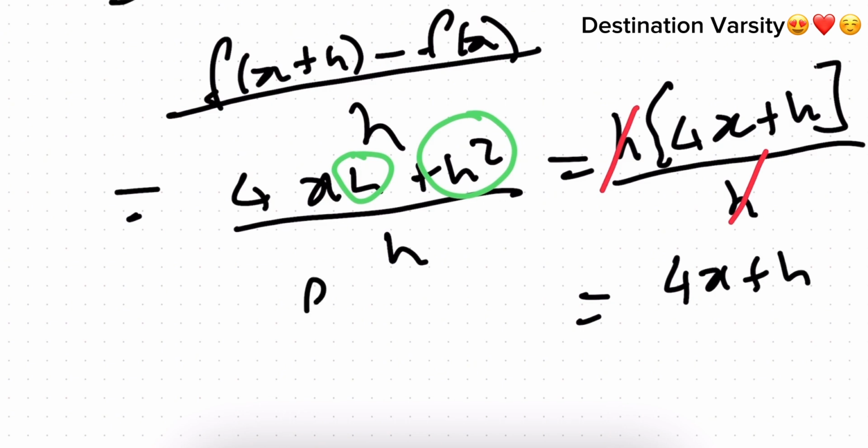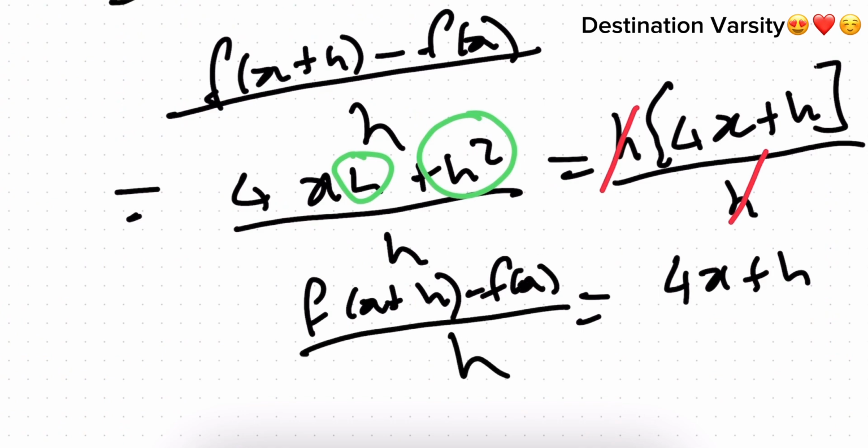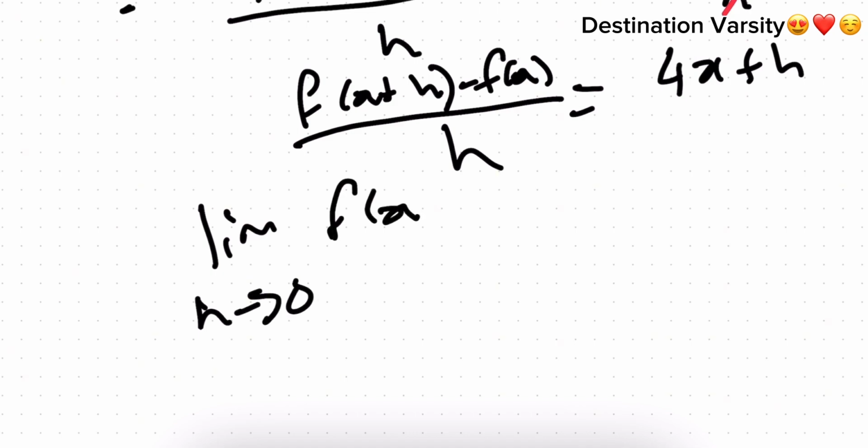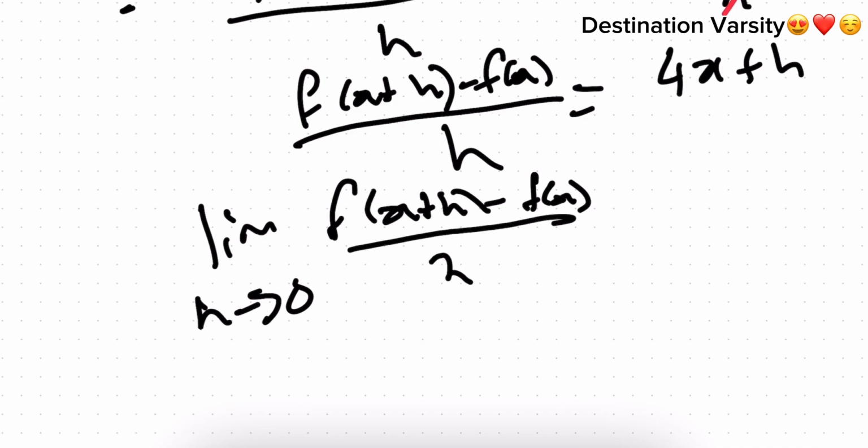And this was f at x plus h minus f at x, all over h. So now, what is the limit as h approaches 0 of f at x plus h minus f at x all over h?